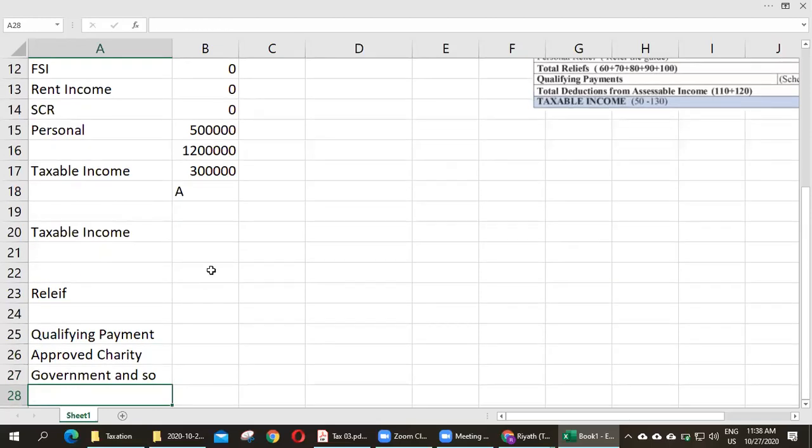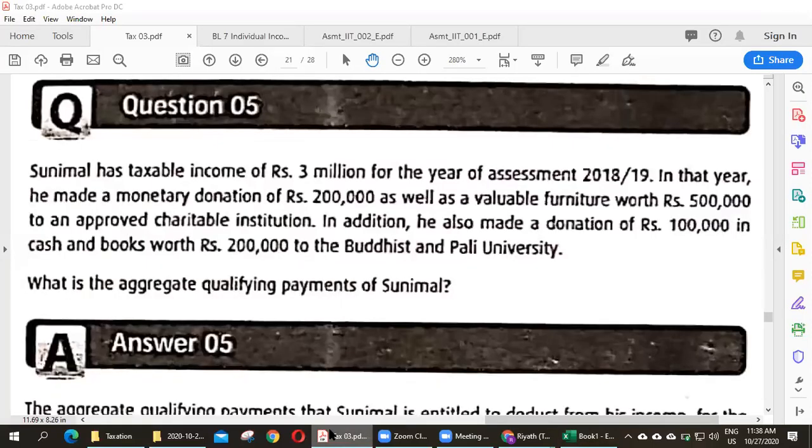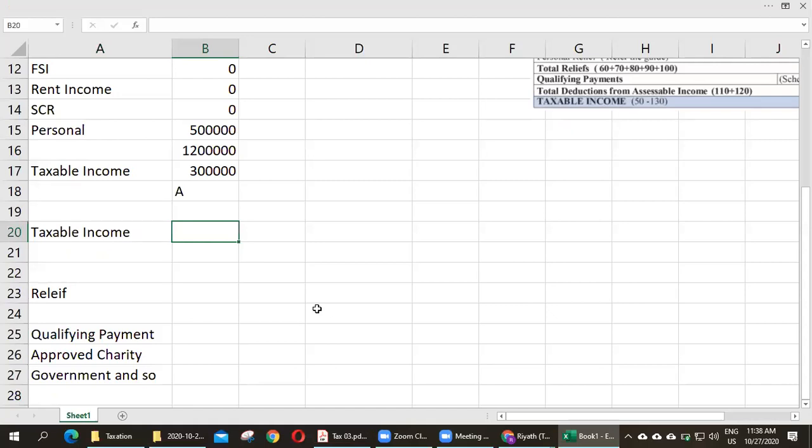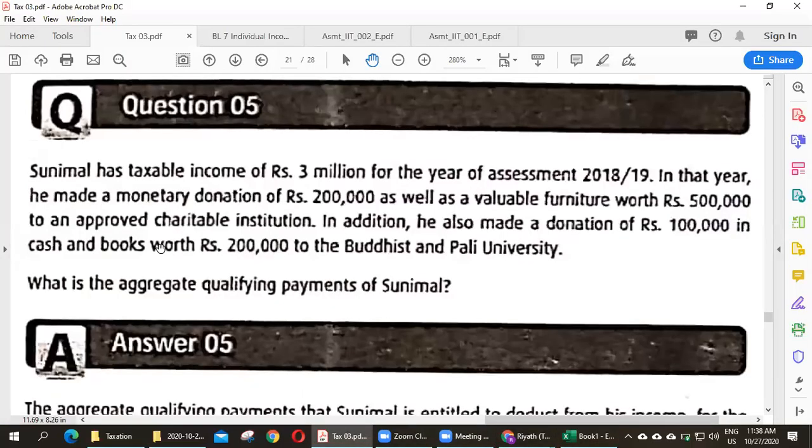Here, his taxable income equals 3 million. There is no information about reliefs and qualifying payment. Under qualifying payment, how much has he donated? In that year, he made a monetary donation of 200,000 and valuable furniture of 500,000.